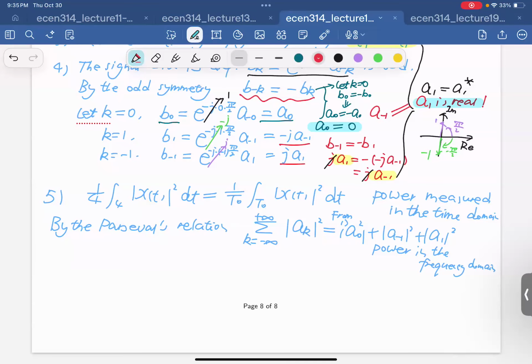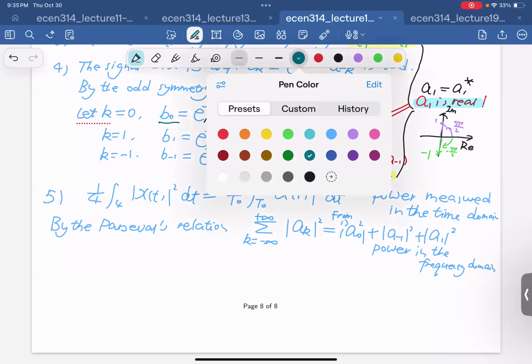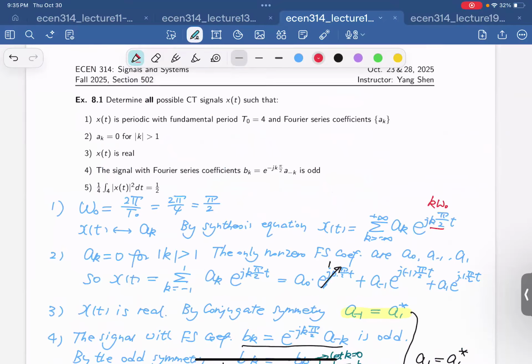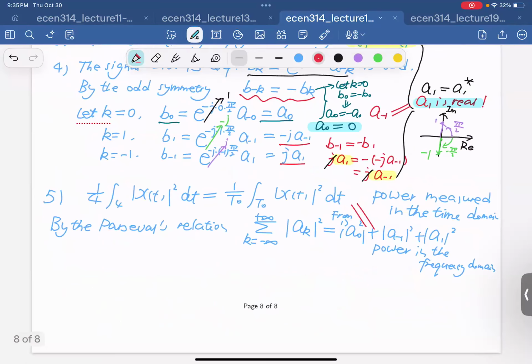All right, so they should be equal to each other. What is the power in the time domain? This was given 1/2. Okay, don't forget that a0 equal to 0.